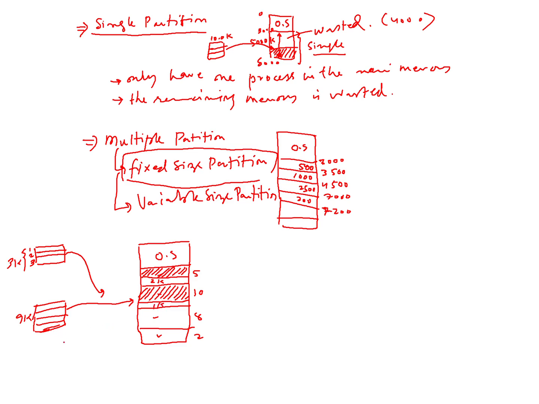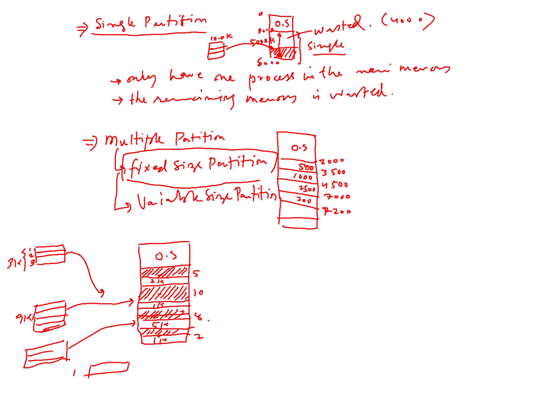Now we see another process of 3k, and we have shifted that here, and we might have utilized some portion, but still 5k is wasted here. And for the same reason we have a 1k process right here, then we have utilized 50% of this, but 50% is still wasted.